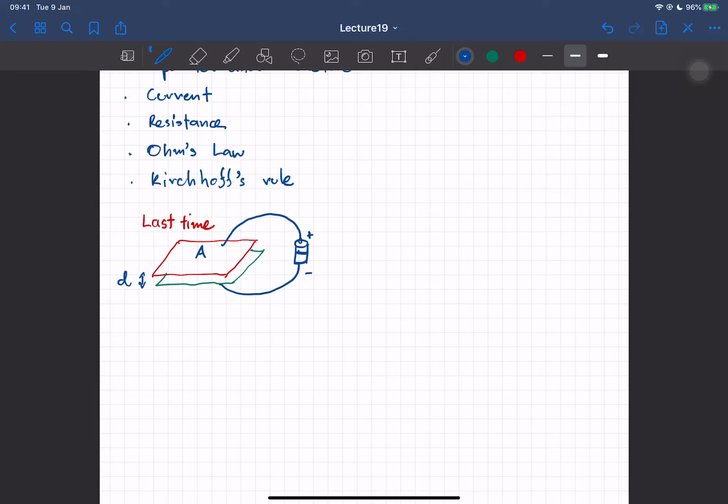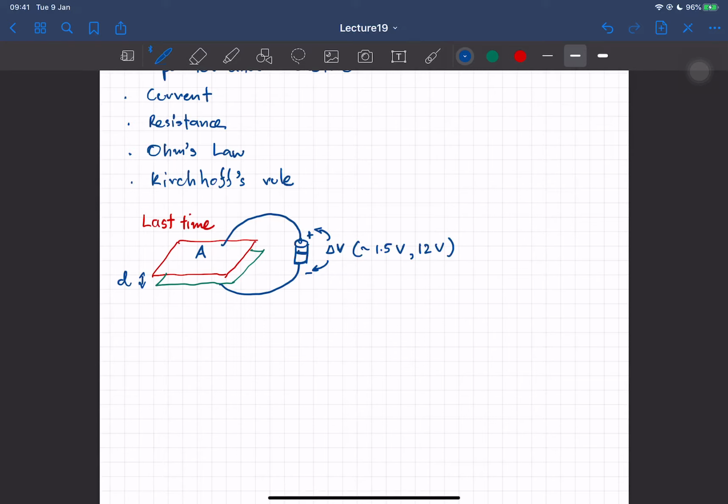So the battery will have what we call a potential difference, delta V, between the positive and negative terminal, given by delta V here. And for example, this can be 1.5 volt, or 12 volt if you use a car battery. It doesn't matter, but the thing which is important is that delta V is given to you by the type of the battery. So you know the number exactly.